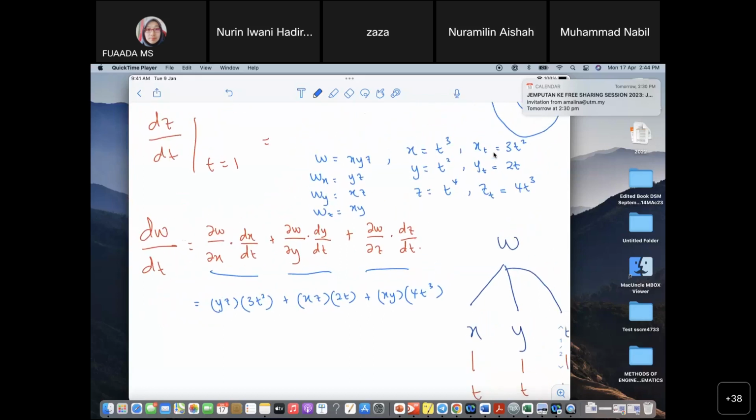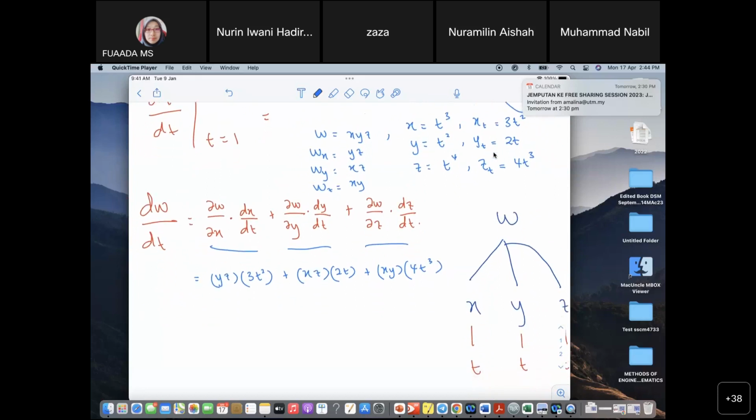Okay, so this question does not ask us to evaluate, so you can leave your answer in that form if they don't ask you to give your answer in terms of only T. Okay, if they ask for it in terms of T only, then you have to replace the YZ.